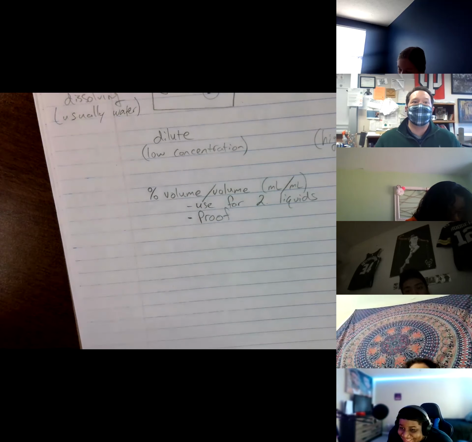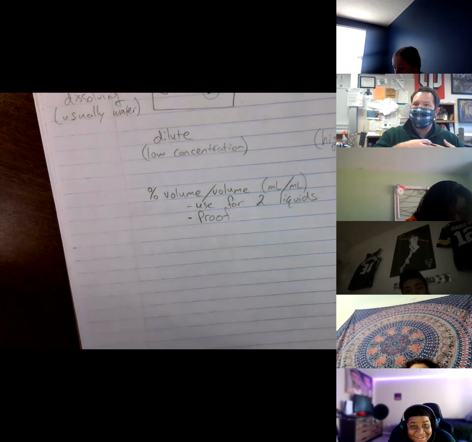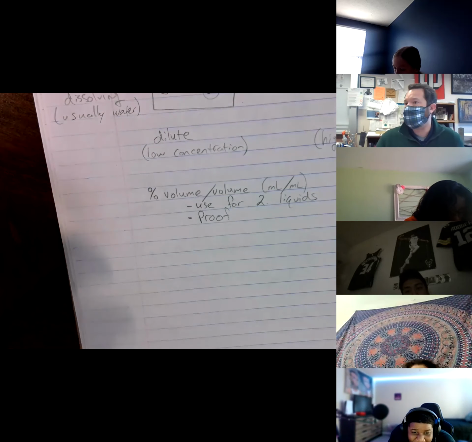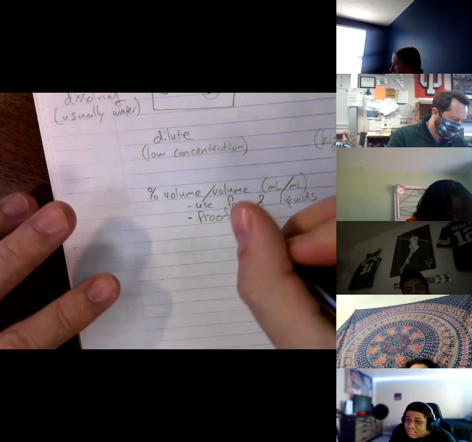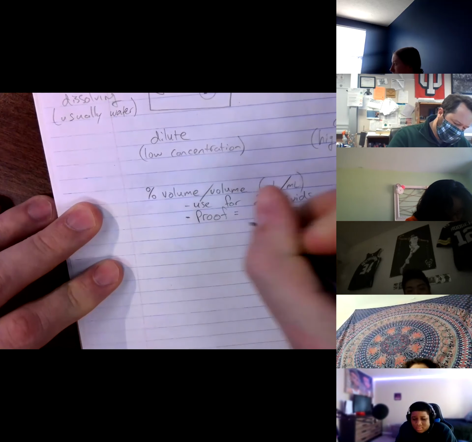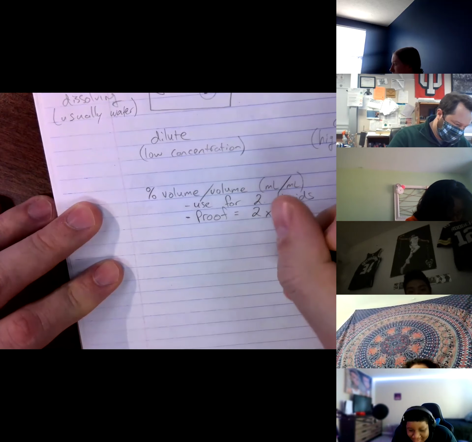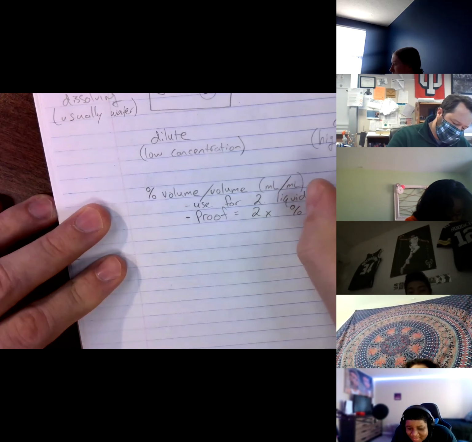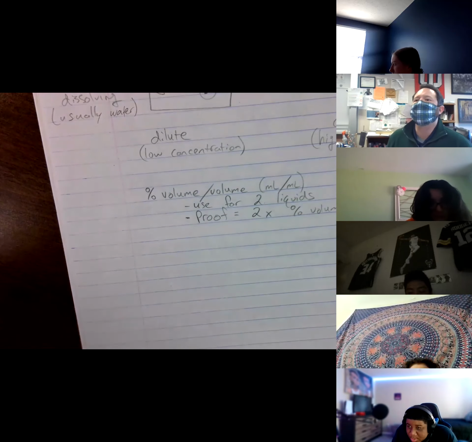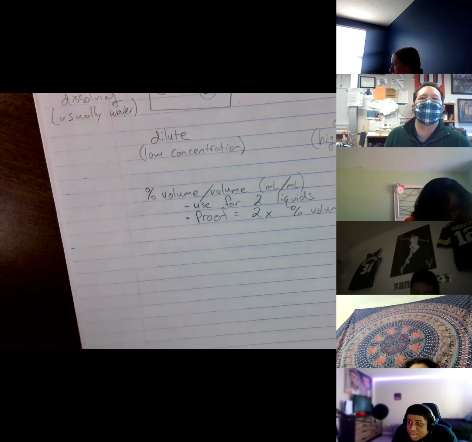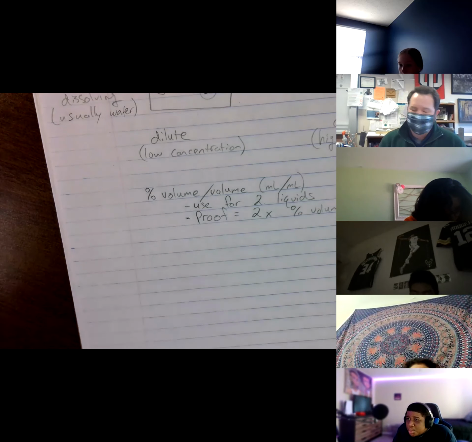They mix alcohol with water, come up with a percentage, and I think they just want it to sound bigger, like you're getting more alcohol. I have no idea. But proof is 2 times the percent volume. Just double the percent volume. Again, my only guess is they want to make you think you're getting more alcohol, so they double it and call it proof.